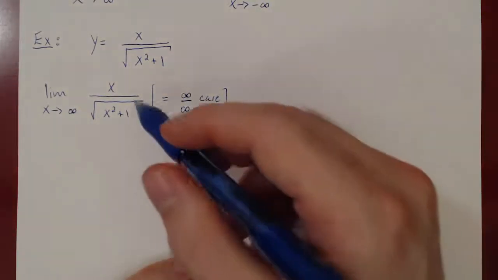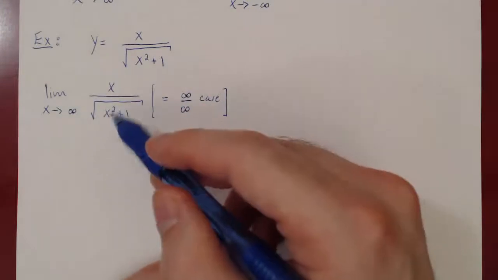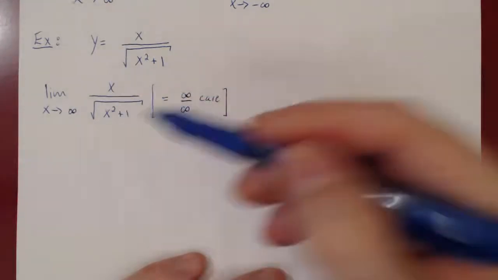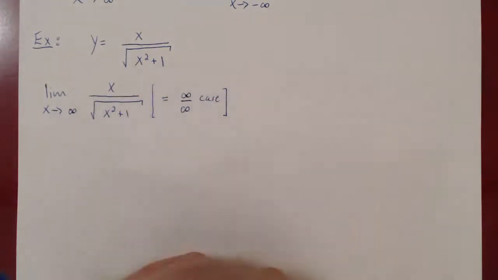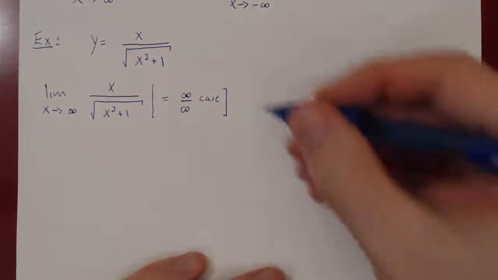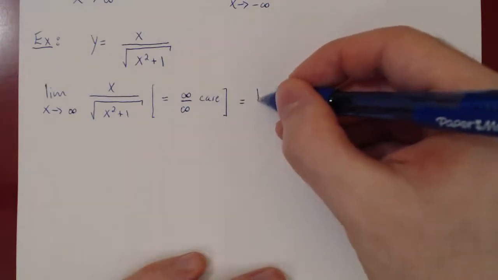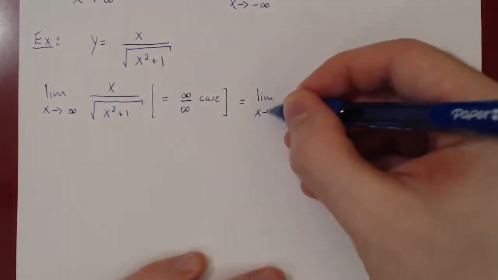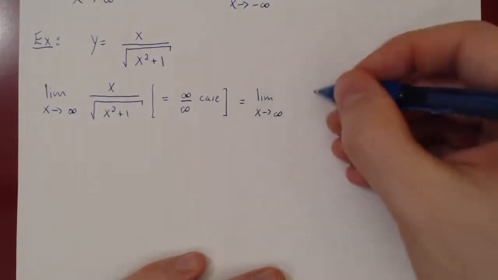If you remember, this was an example where if you apply L'Hopital's rule, it will actually loop in circles forever. Every time you have a ratio involving powers of x, and x either goes to positive or negative infinity, all you have to do is multiply top and bottom by 1 over the larger power of x. On top it is x, so we are going to multiply top and bottom by 1 over x.